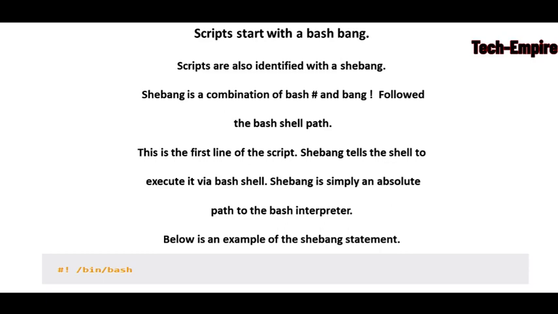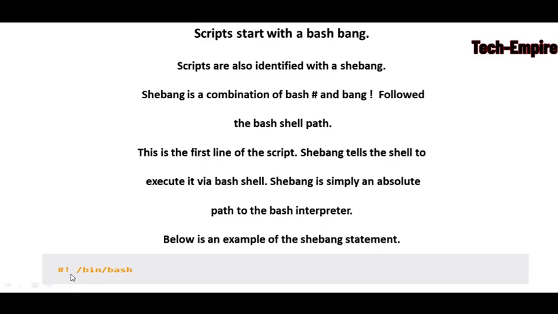The shebang is a combination of the hash and the exclamation mark, followed by the bash shell path, which is very simple: /bin/bash. This is the first line of a script that we must write. Don't worry, all of this we are going to get very soon.